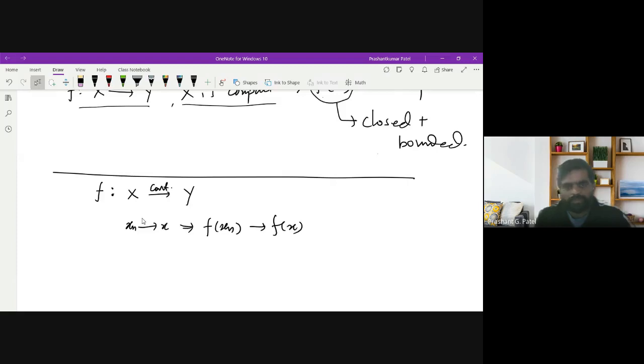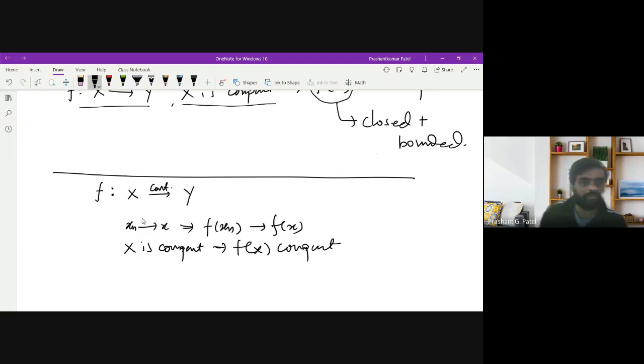That means under the continuous map, any convergent sequence is preserved. The second thing we have observed is that if X is compact, then f of X is compact. That means under the continuous map, compactness is preserved.